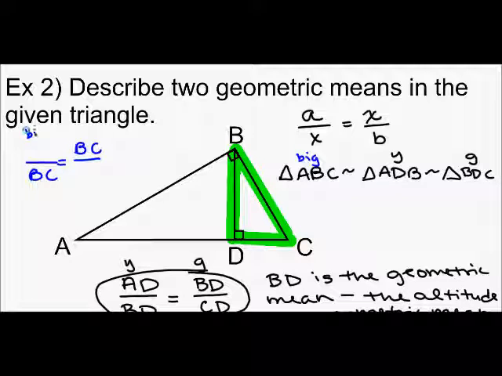So this is going to be big and this is going to be green. I said DC. And BC in the green triangle goes with AC in the small one. So BC is the geometric mean between the hypotenuse of the large triangle and this portion of the hypotenuse, which is on the small green triangle.